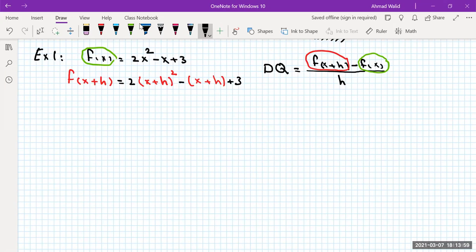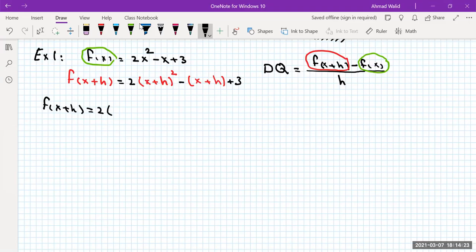Oh, you can plug this immediately into your function, but believe me, it will be a lot of work in one fraction and easily, even I sometimes make mistakes, correct? Then let's simplify it here. F of x plus h equals 2 times x plus h squared.